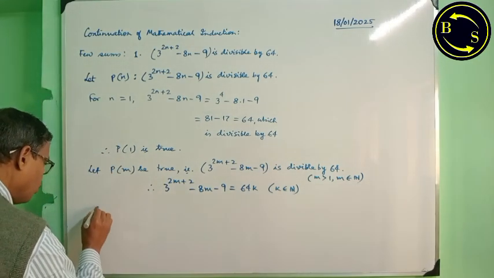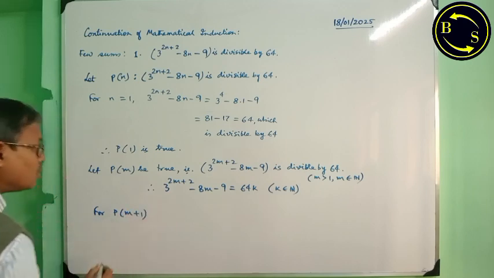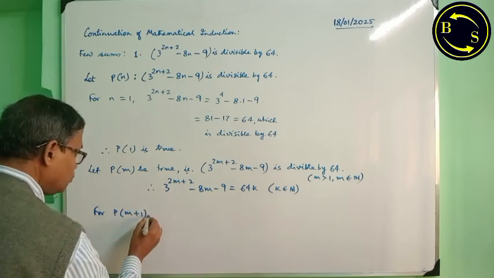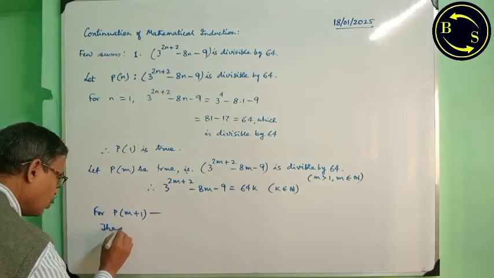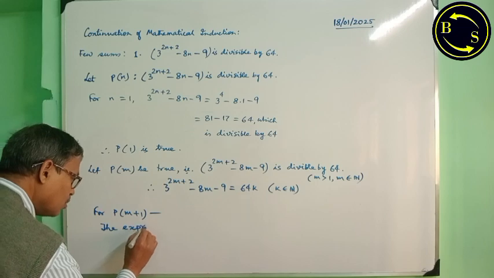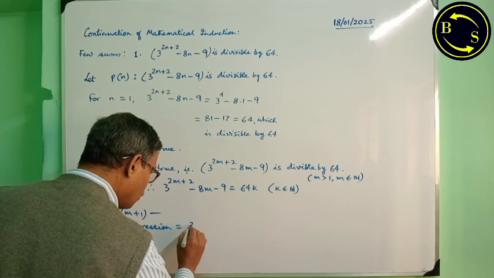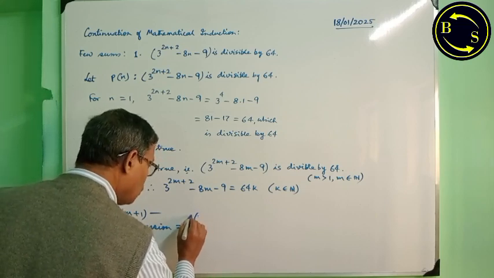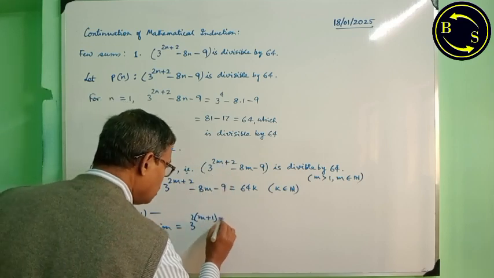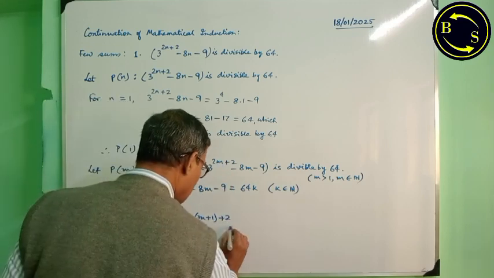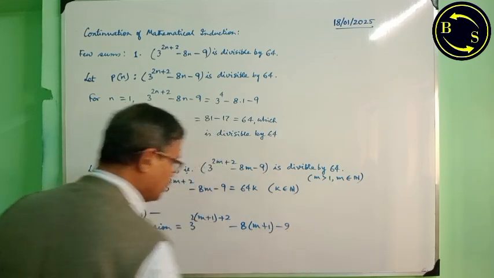For Pm plus 1, the expression is equal to 3 to the power 2 into m plus 1 plus 2 minus 8 into m plus 1 minus 9.